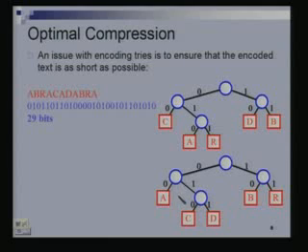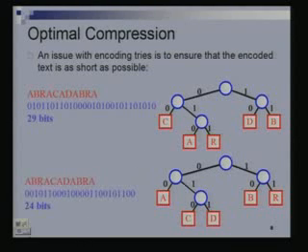So this will have less than 29. We are also saving on R. So this, you can check, will require 24 bits. So we have to design this in such a manner that the number of bits required is as little as possible.